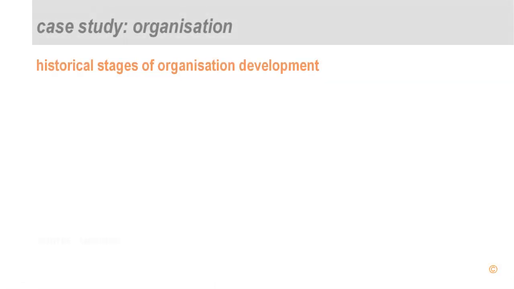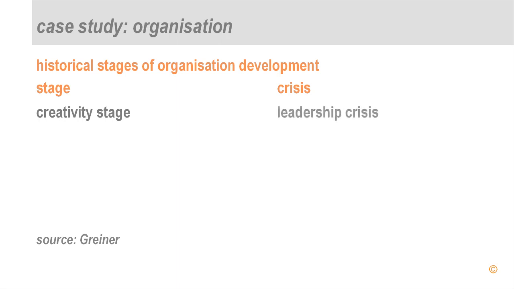This study was done by Greiner, and he identified the following stages and crises. First, an organization goes through a creativity stage as it is founded. The founding fathers and mothers are doing most of the work themselves. They develop the business, and as the business starts growing, a leadership crisis is looming.